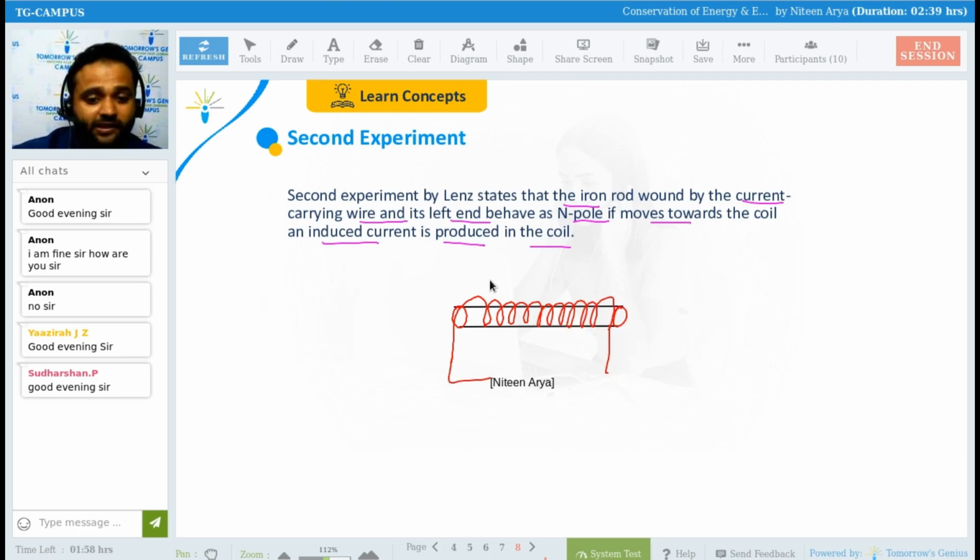Why an iron rod, you can ask me. Why not any other? Because it is a conductor. So, beta, what happens? Now this becomes a solenoid, isn't it? It is a proper solenoid.